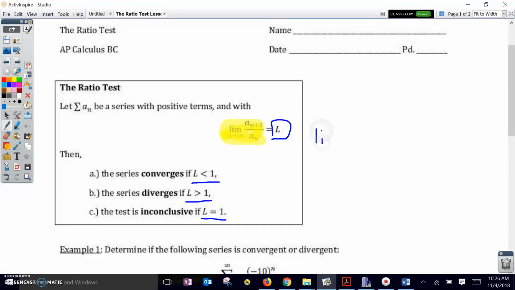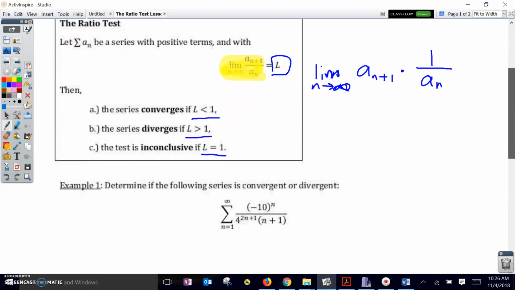When we have that, I typically, instead of writing as a fraction like you see there, a lot of times I'll do the limit as n goes to infinity of a sub n plus 1 times the reciprocal of a sub n, because that just generally seems to make it easier for simplification purposes. A simple algebraic step that we can kind of cut out a little bit of our work.